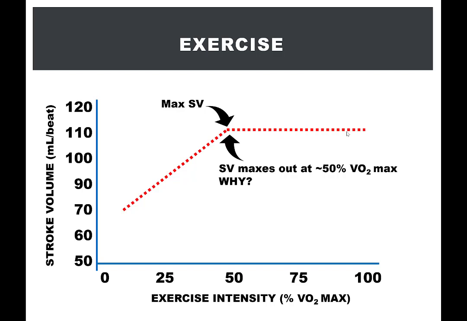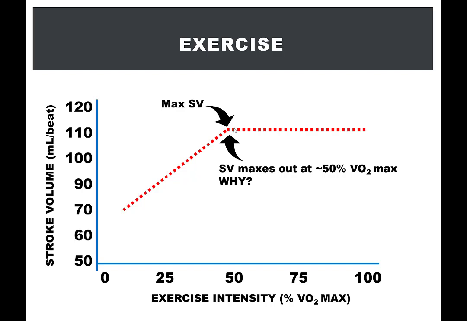So if I ask the question, how does stroke volume change from rest to about 50% VO2 max intensity, the answer would be it increases proportionately to intensity, meaning as intensity increases, stroke volume increases. And this is again only from rest to about 50% VO2 max intensity.